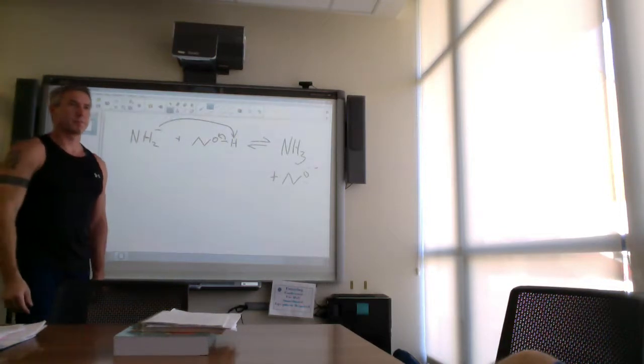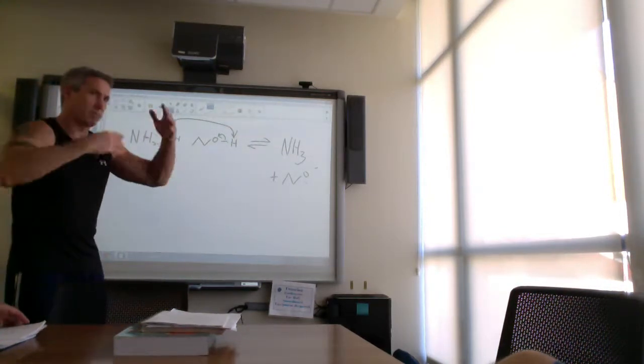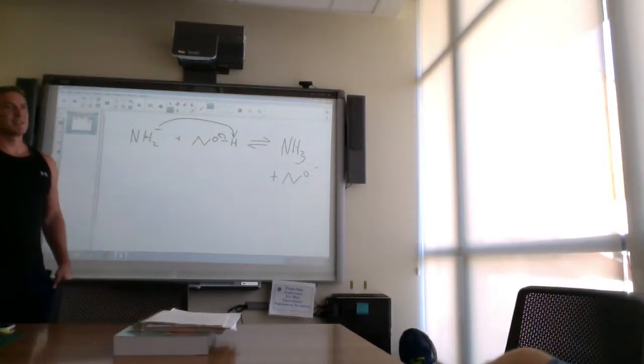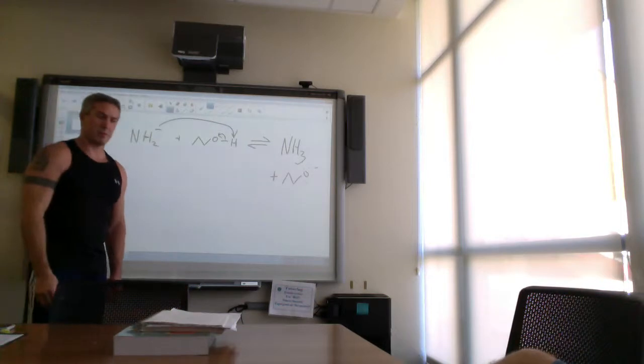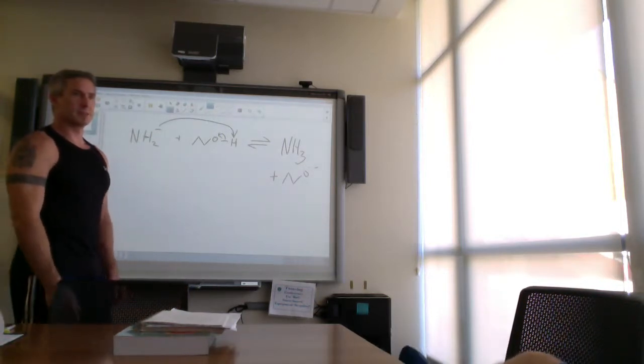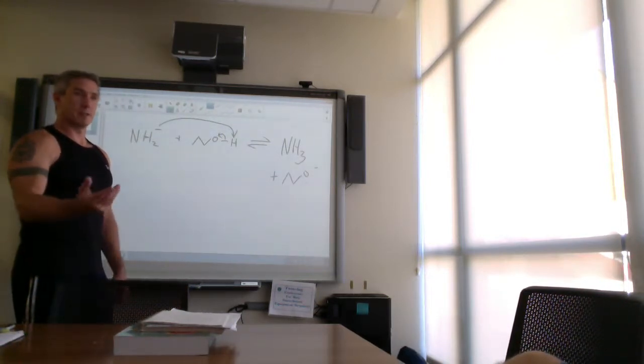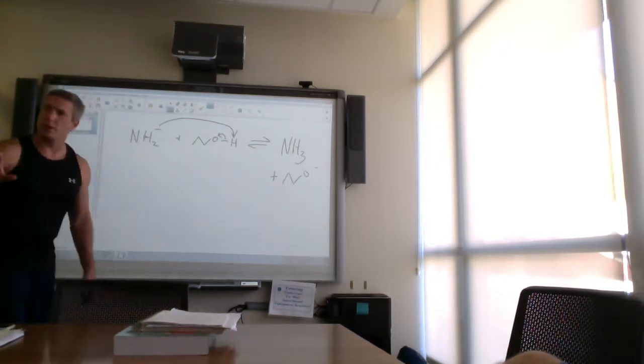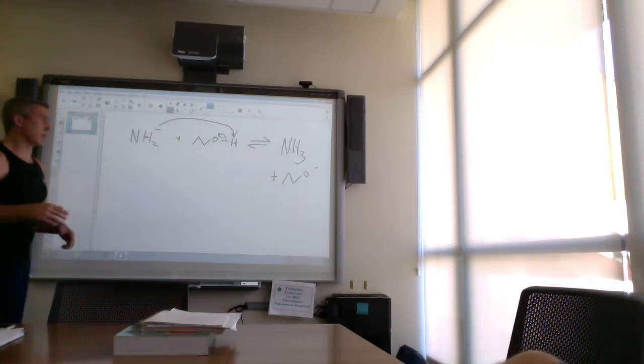Wait, I gotta flip them. There you go, because I'm not doing the negative log value. I'm doing just the regular Ka. Okay. So the Ka value would be larger. The larger Ka value would be the stronger acid. Yes. Just a quick review on Ka versus pKa.